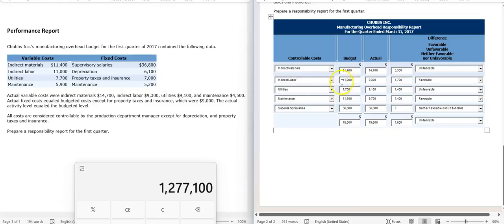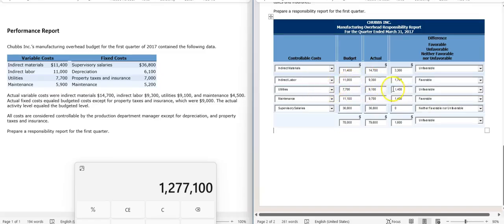Indirect labor. The budget was $11,000. Our actual costs were $9,300. Our actuals were less than our budget by $1,700. That is favorable, because we would prefer to have our actual expenses less than our budget.